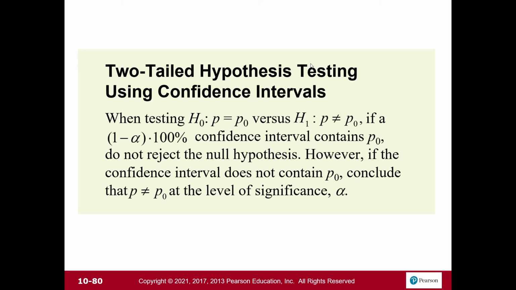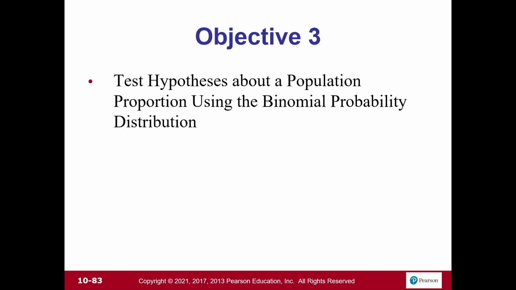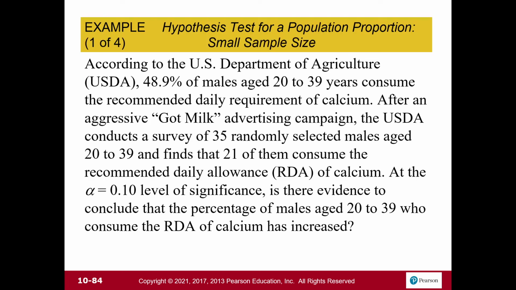Now, the two-tail hypothesis testing using confidence intervals. Let's look at this third objective, testing hypothesis about a population proportion using the binomial probability distribution. So it says, according to the USDA, 48.9% of males aged 20 to 39 consume the recommended daily requirement of calcium.